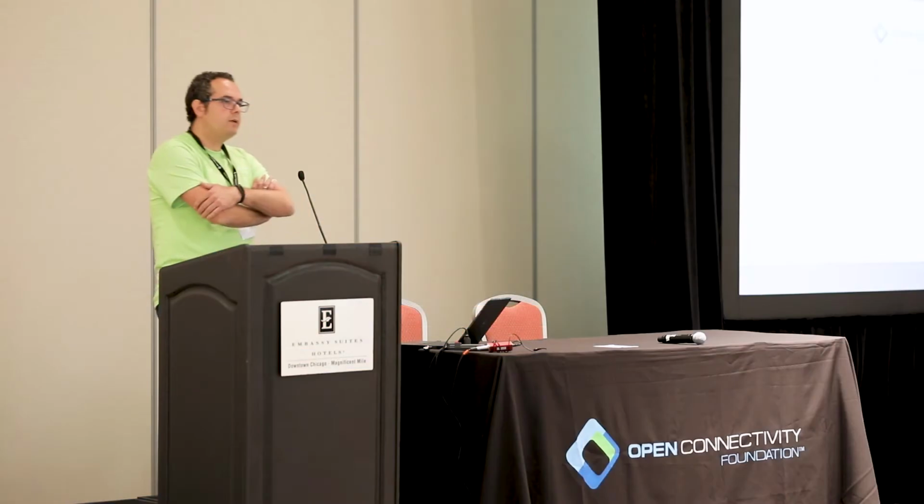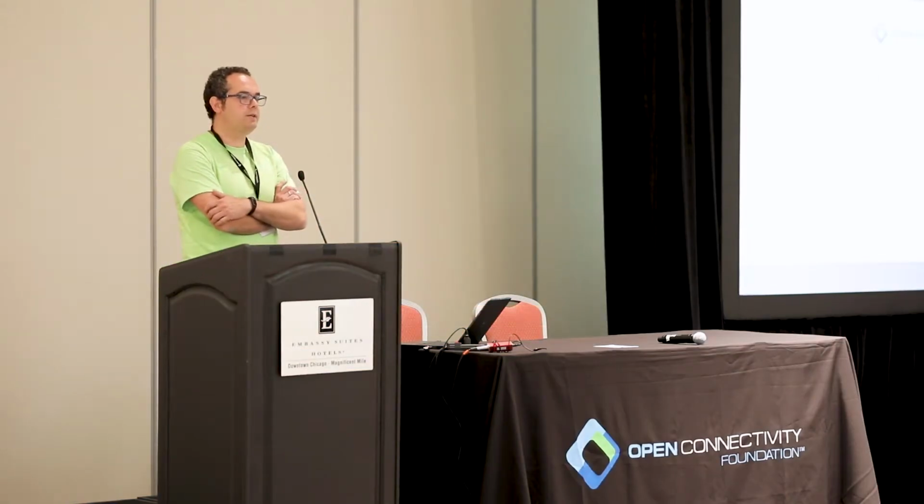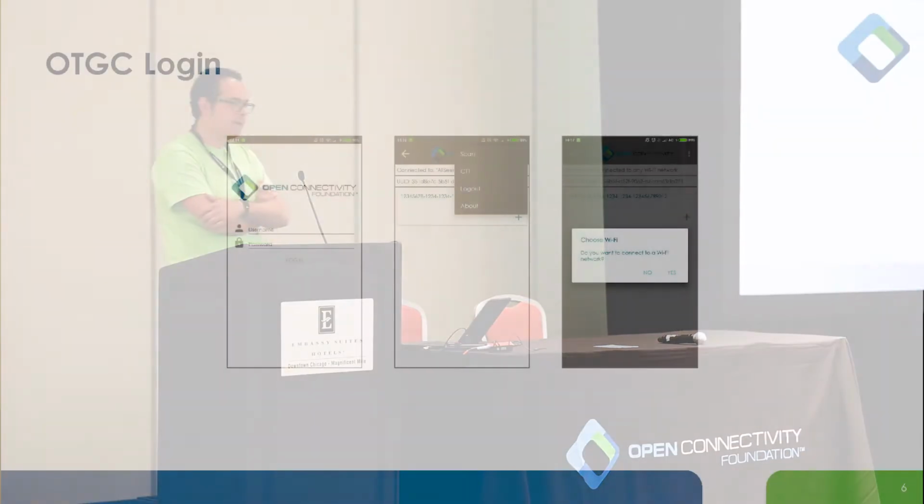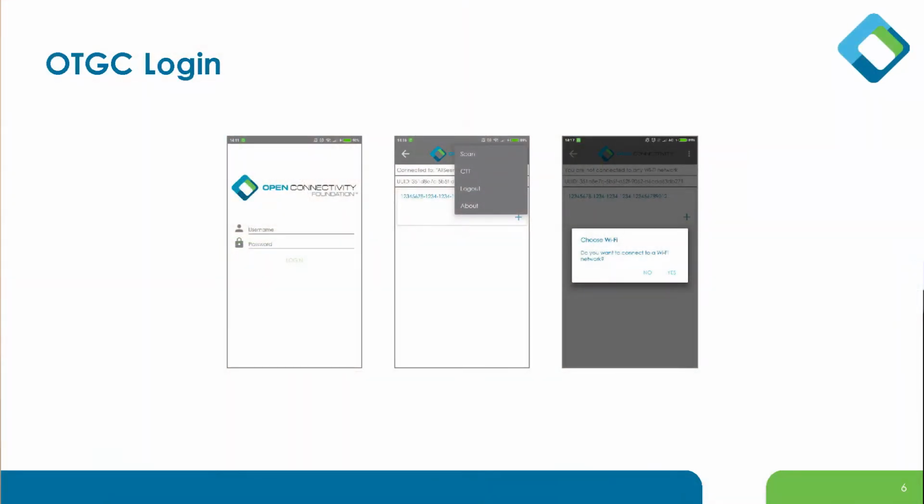At the end of this presentation, my colleague Clark will show you some real hands-on with the OTGC, and you could see a real demo with this Android app. But here I only want to show you some screens of the application. This is the login.